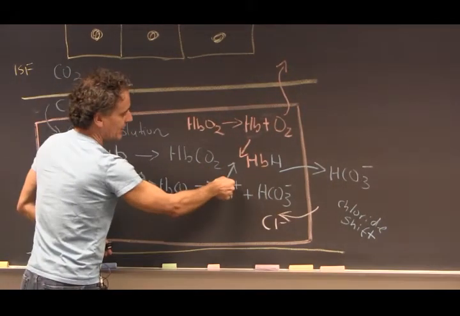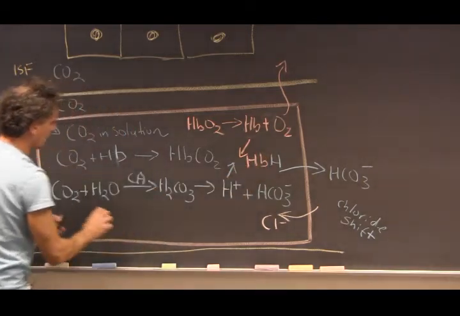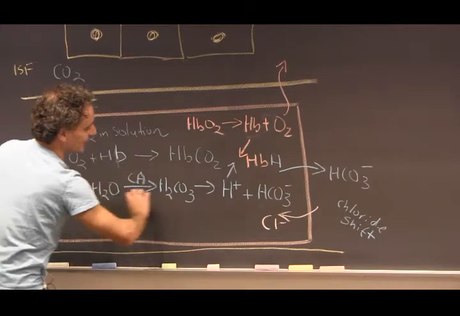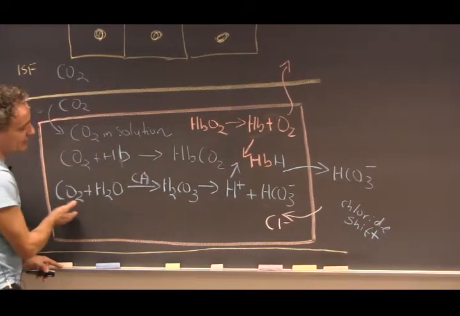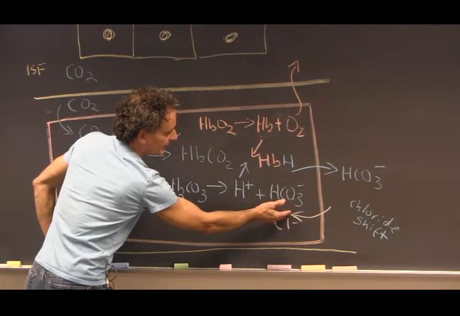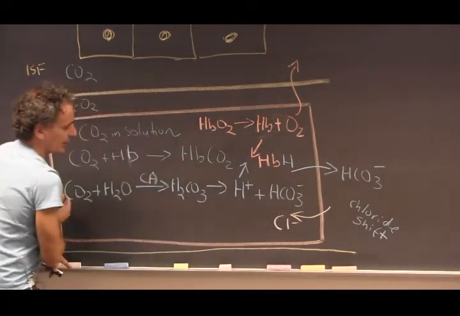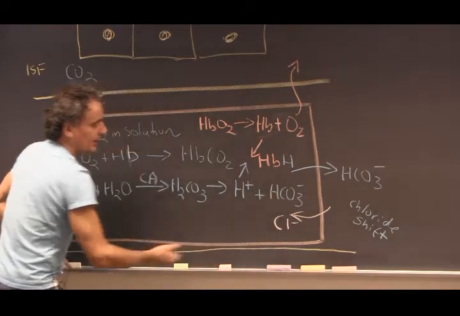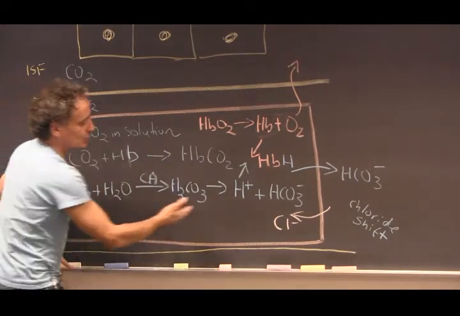So by picking up these hydrogen ions and getting reduced, hemoglobin is pulling this reaction to the right, therefore encouraging the conversion of CO2 to bicarbonate. By pushing this reaction to the right and encouraging the formation of bicarbonate, the hemoglobin is basically increasing the ability of the blood to transport CO2.